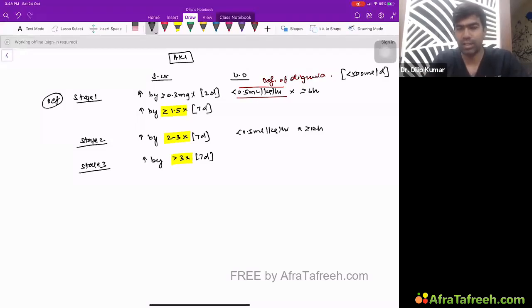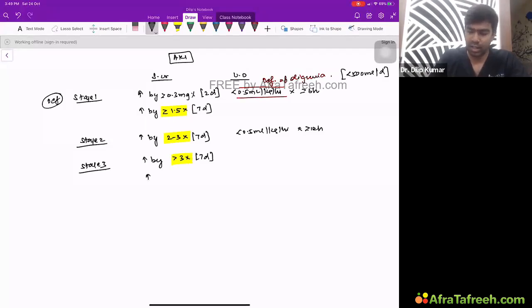Or if the patient has an increase in serum creatinine, abruptly the serum creatinine becomes more than 4. It was a normal value previously, but suddenly the serum creatinine becomes more than 4 milligrams per deciliter.